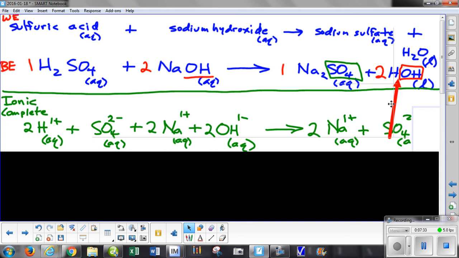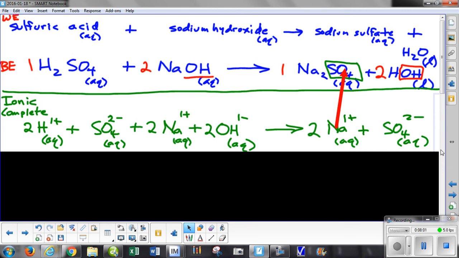We have 2 sulfates here, here, let me see if I can get this out of the way. There we go. We have 2 sulfates here that are aqueous, and that's because of this guy here. And, oh, just 1 sulfate, I'm sorry, because we have a coefficient of 1 and no subscript for the sulfate molecule, which is made up of 1 sulfur and 4 oxygens.